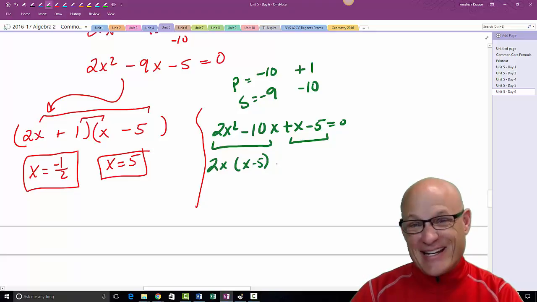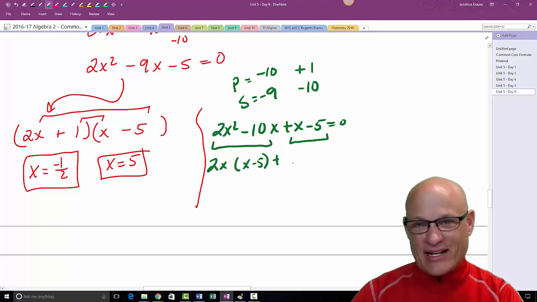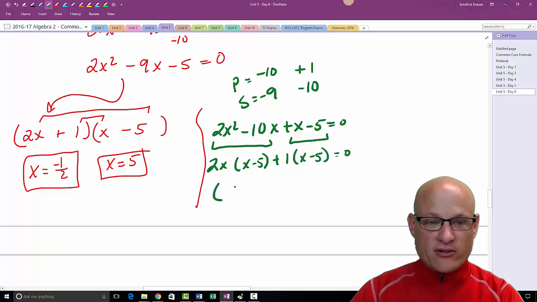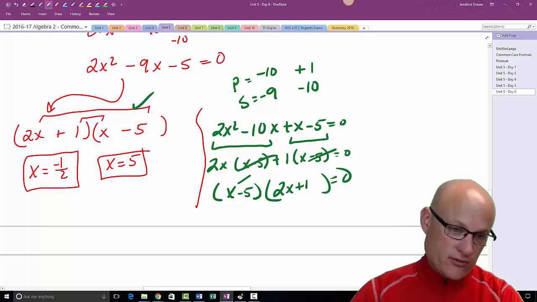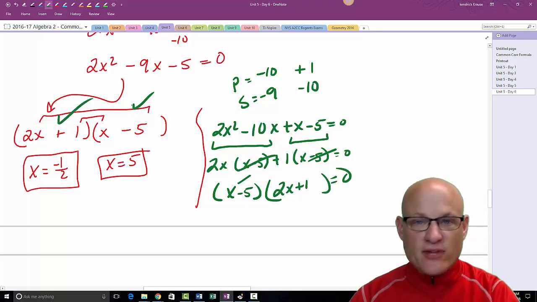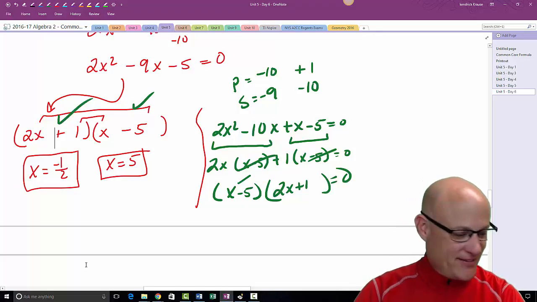You can't take anything out of this, but you can't stop by taking anything out, so you take out a 1. x minus 5 equals 0. My first factor is x minus 5, which matches this one. And my second factor is 2x plus 1, which matches this one. All right, and then you get the same answers. Fantastic. What do we got? 2 left?